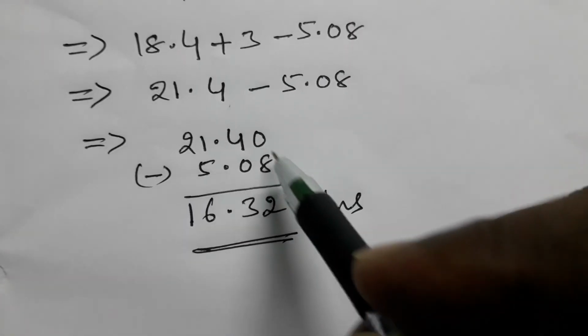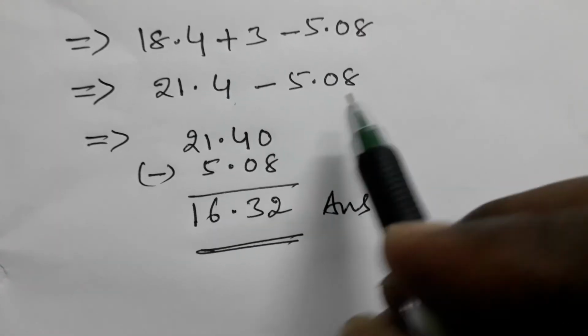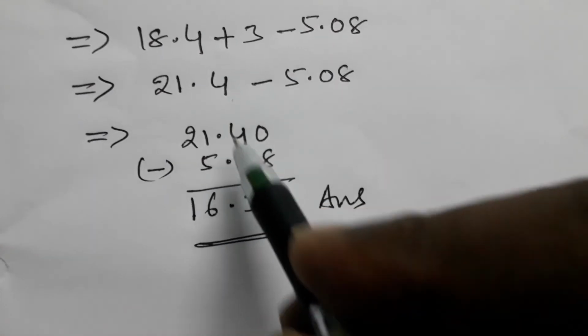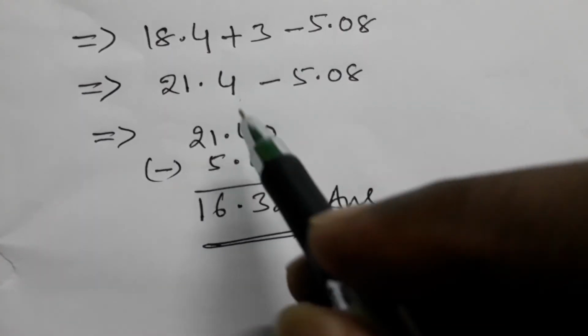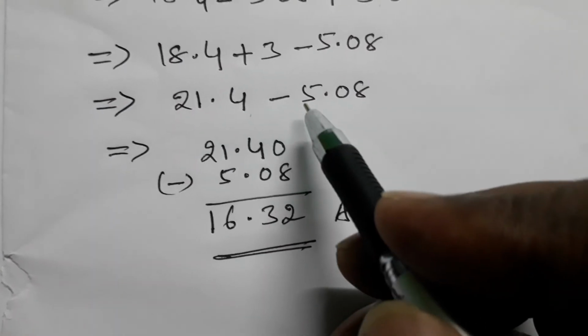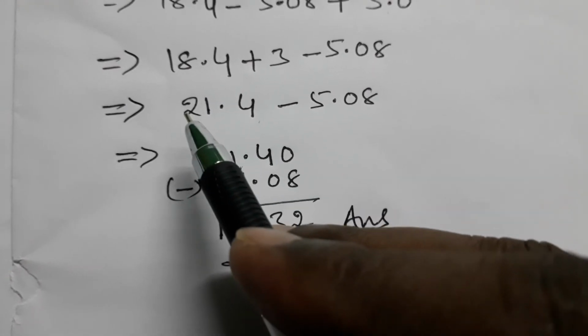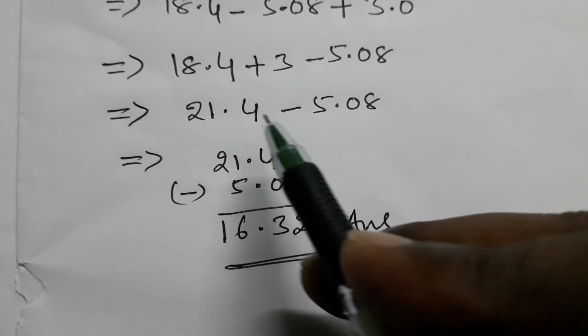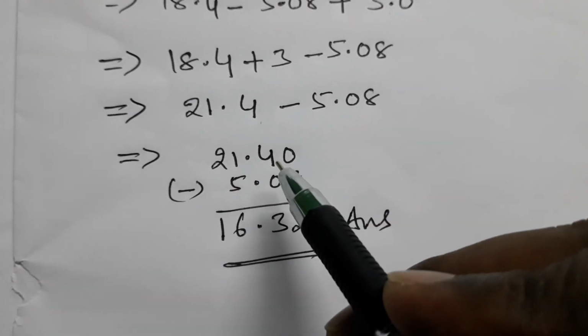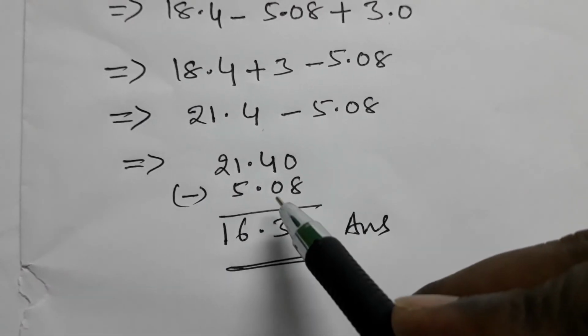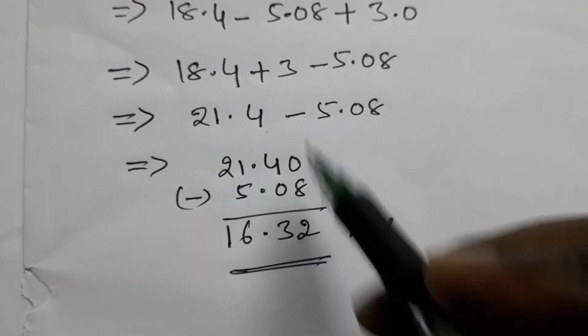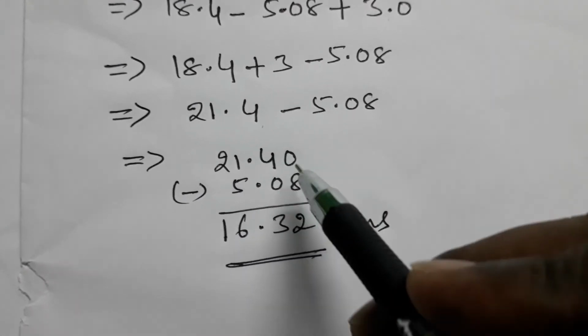So you know subtraction. When we are writing decimals, write them in the same line. The ones place should be written in the same place, this is the tens place. Now first decimal 4, first decimal 0, second decimal 8. Here the second decimal is not there, so 0.